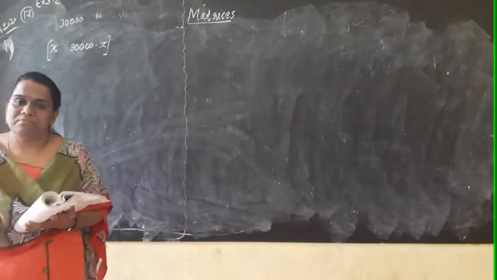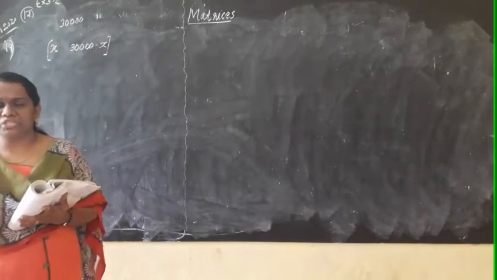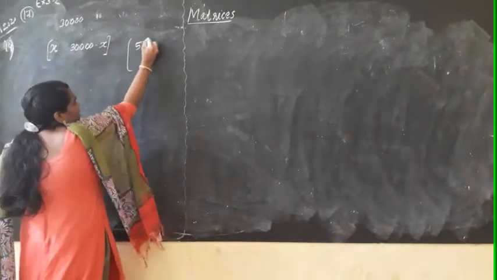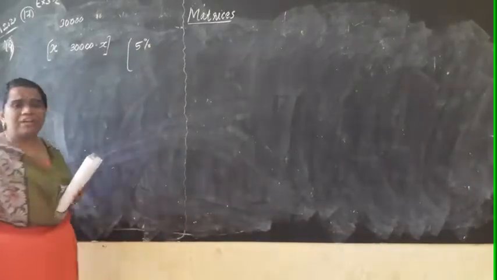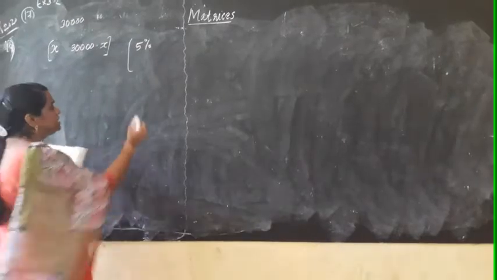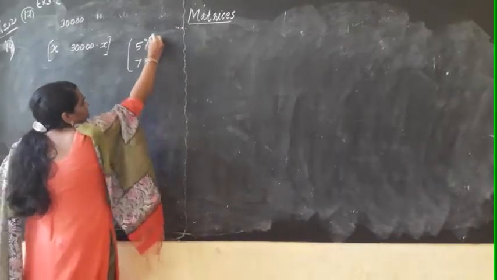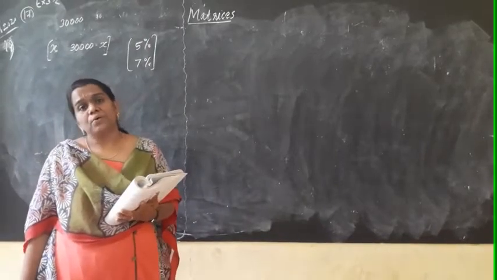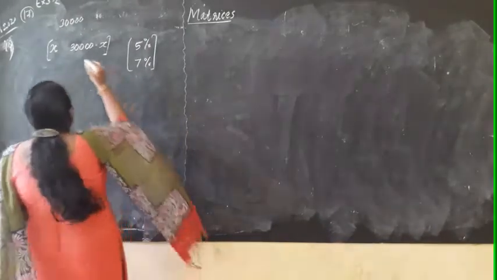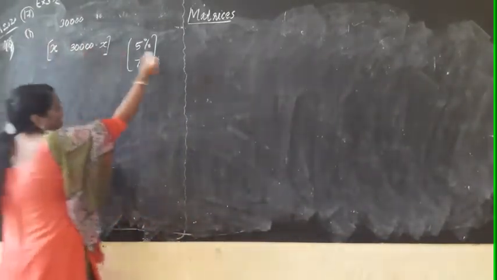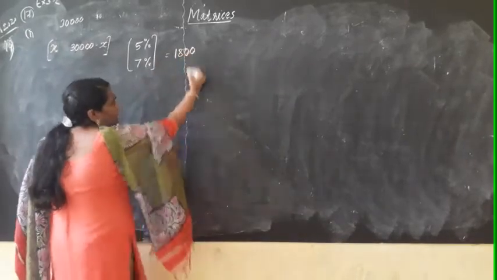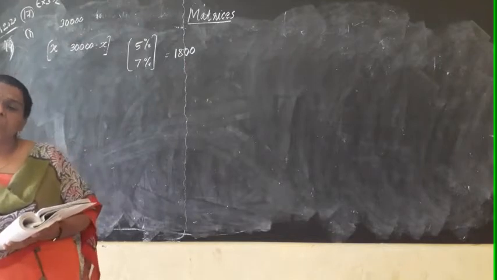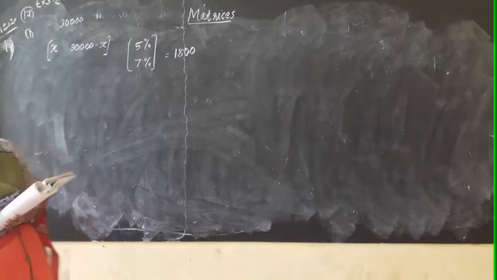The amount that is going to be invested in the two different types of bonds. Then the interest: the first bond gives 5% interest, whereas the second bond gives 7% interest. Clear? So we can write that as a column matrix. And in case 1, they get rupees 1,800 as the interest.